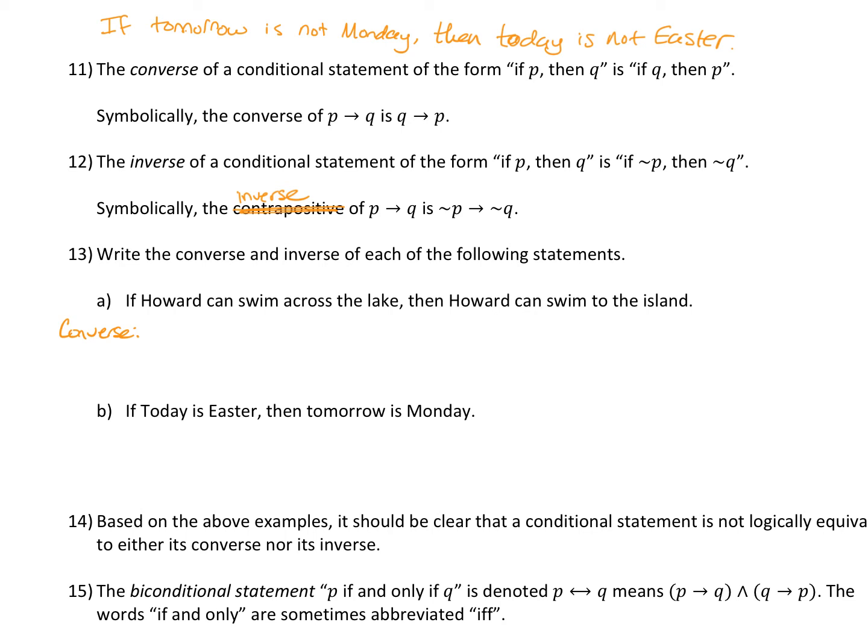The converse would be if Q then P. So it would be if Howard can swim to the island, then he can swim across the lake.